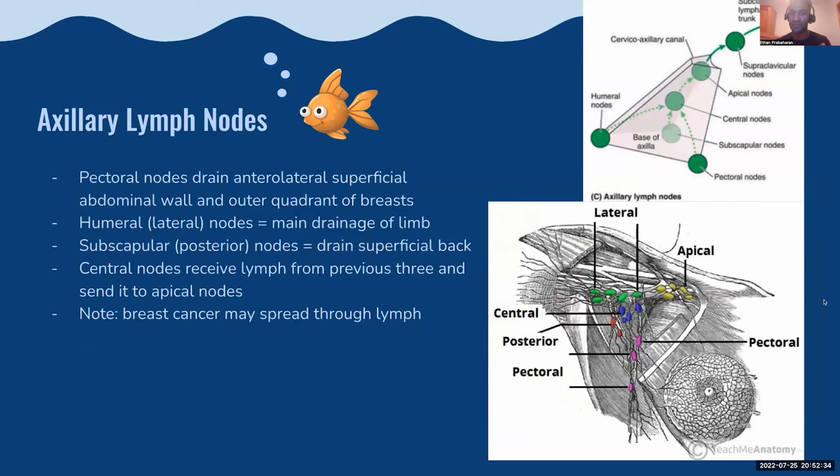I mentioned axillary lymph nodes before. Basically, when your tissues are undergoing a bunch of different processes, right? And they have nutrients which you get from blood, like your oxygen, any nutrients carried in the blood. And veins drain some of the waste, but lymph drains the rest. And it's probably worth looking into lymph and just doing a bit of reading on it, because I had no idea what lymph was when I started med.